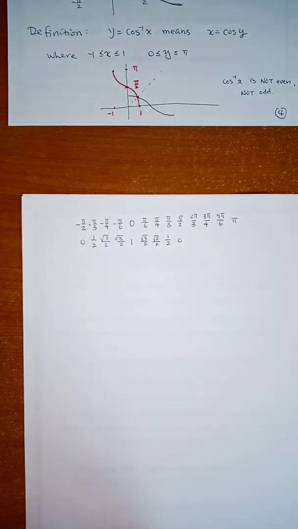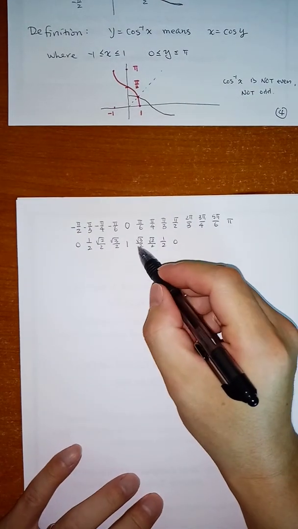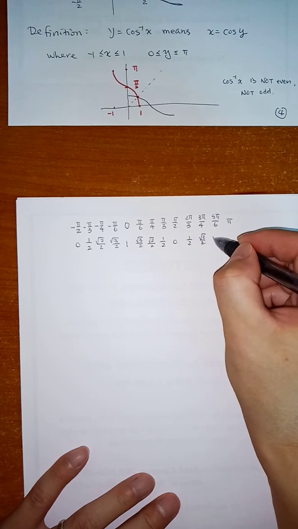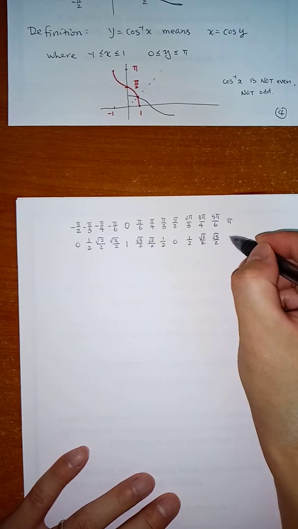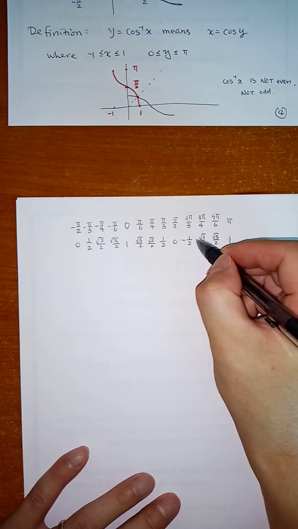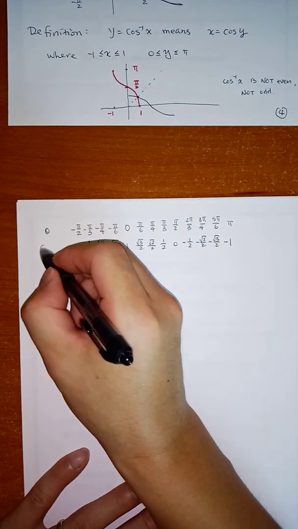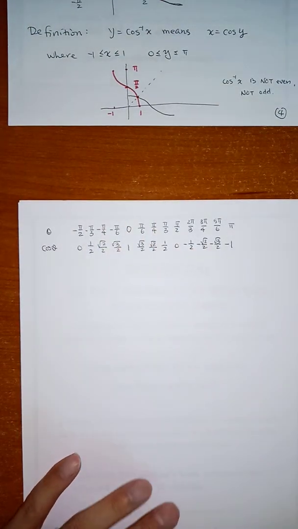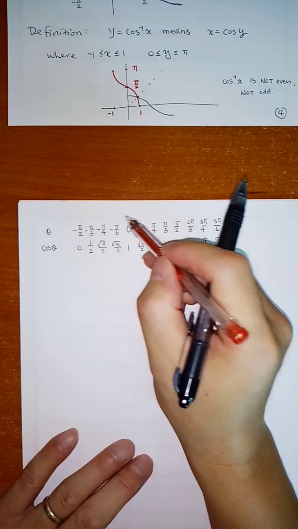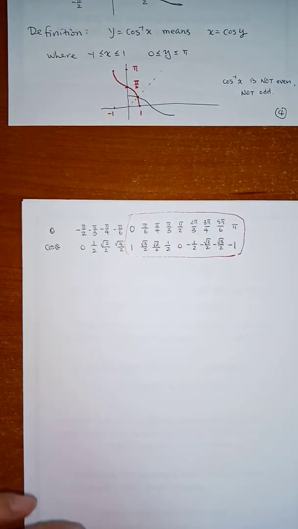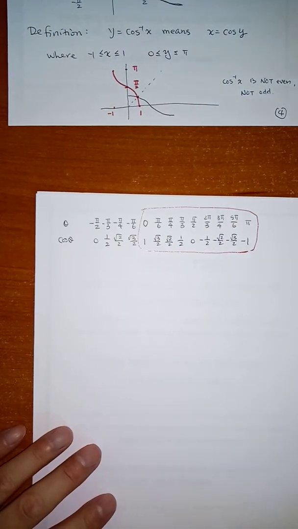And for this part, you copy this sequence 1/2, root 2 over 2, root 3 over 2, and 1, but they are all negative. And this is theta and cosine theta. For the inverse study, we need this table.